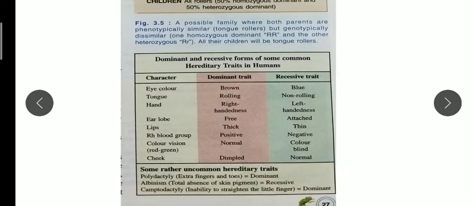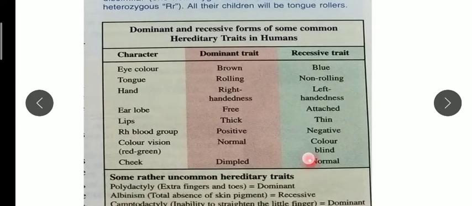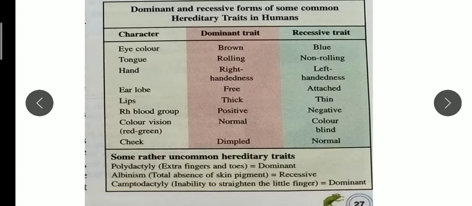I also told you that there are some uncommon hereditary traits. The first one is polydactyly, which is extra fingers and toes, due to a dominant gene. These are diseases or conditions.